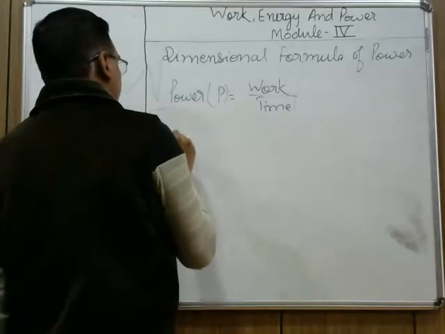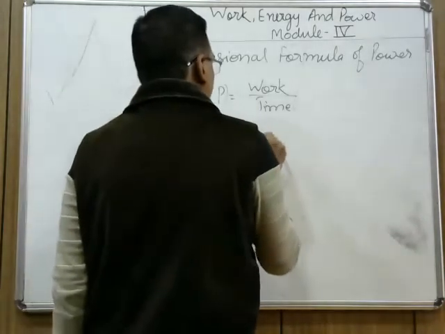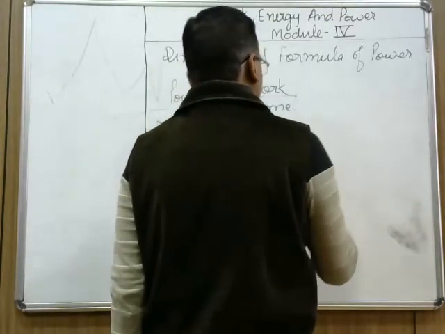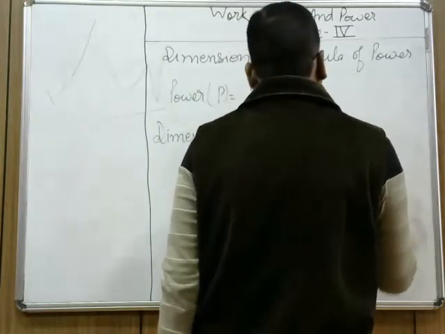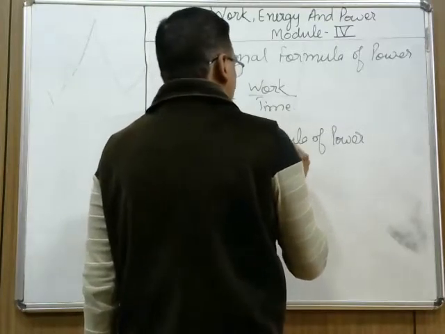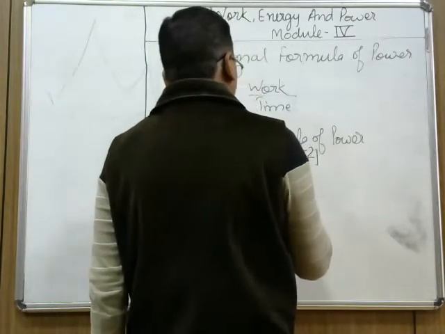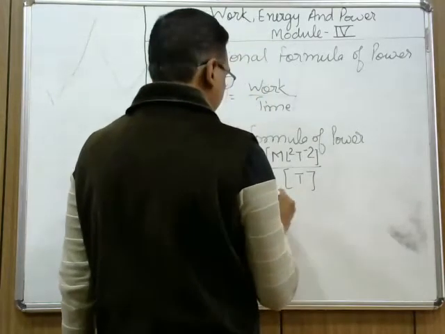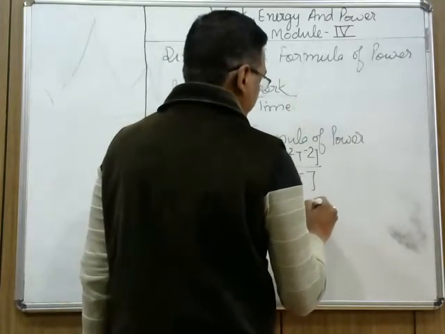So the dimensional formula of power is equal to the dimension of work, M L square T minus 2, upon time, that is T. Therefore the dimensional formula of power is M L square T to the power minus 3.